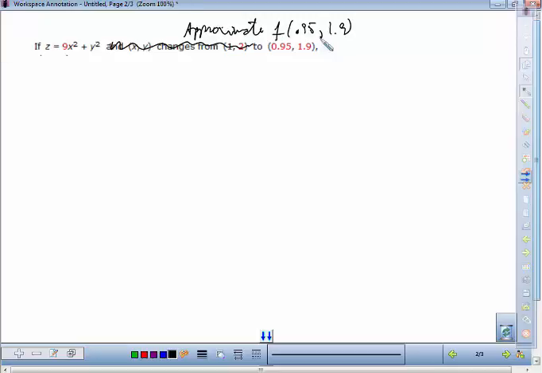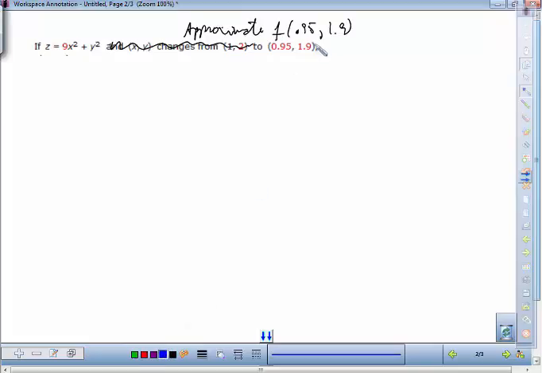And what we want to do is we want to, first of all, have nicer numbers instead of these decimals that they throw at us. And what we want to do with those nice numbers is use those nice numbers as the point, the base of your tangent plane.